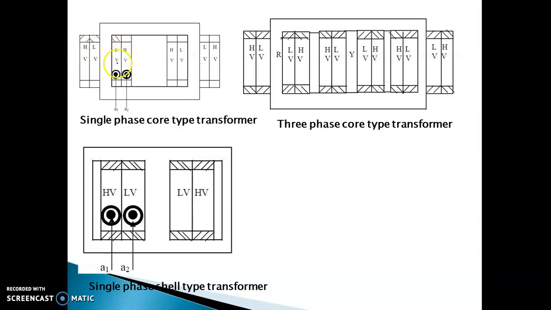Then on this side half portion low voltage, half portion high voltage. Same case here also, low voltage, high voltage, low voltage. This is the connection for single phase core type transformer.